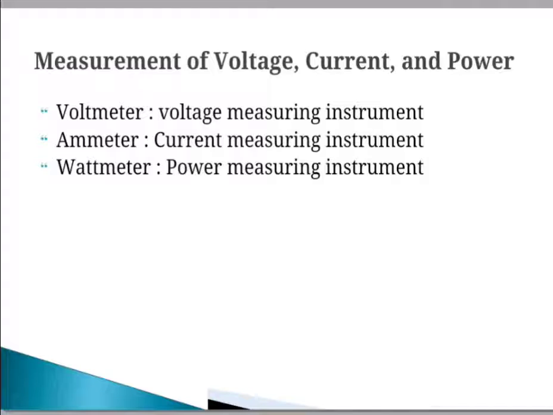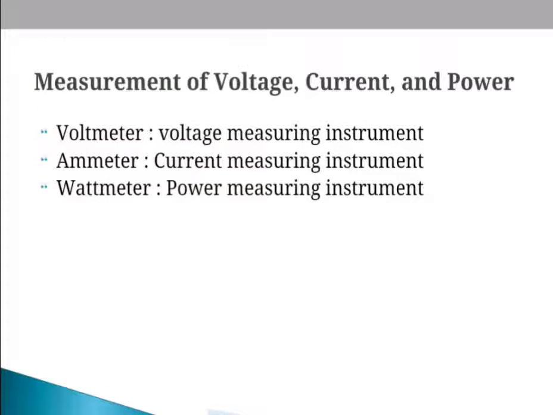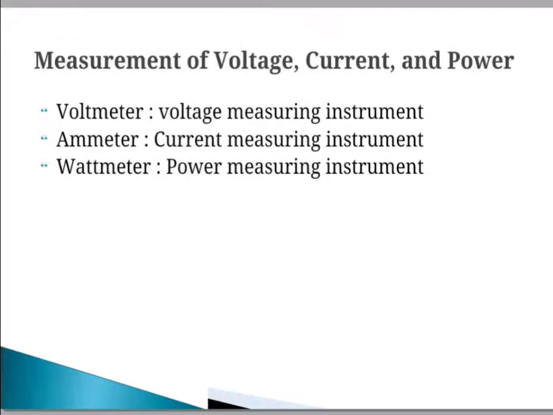A digital multimeter is also used for measuring current, as well as a clip-on ammeter, which is also a good instrument for measuring current. The unit of current is ampere.